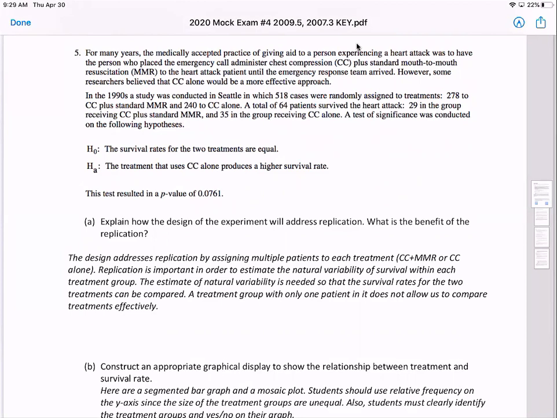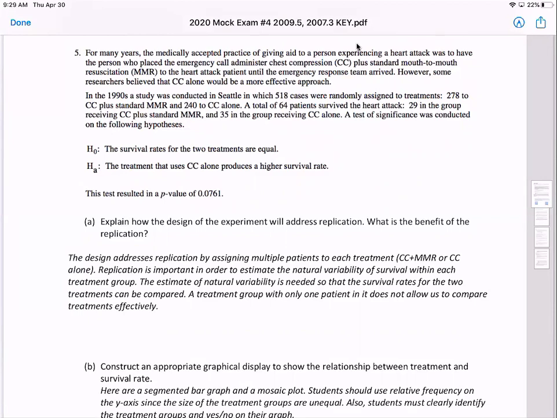Indeed, now chest compressions are almost the totality of what you do in CPR, whereas when I first started teaching, it seemed like it was about 50-50. You did chest compressions half the time and mouth-to-mouth resuscitation the other half. But now it's mostly chest compressions.